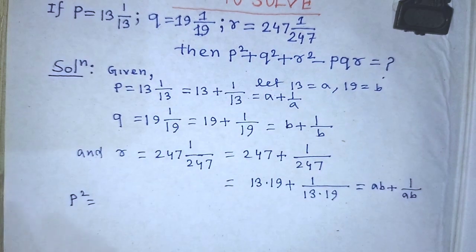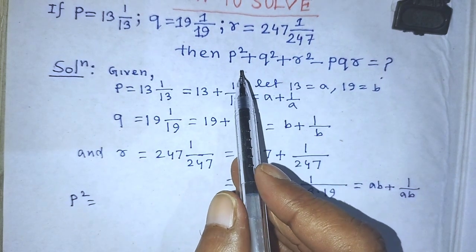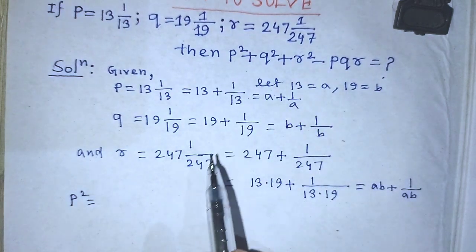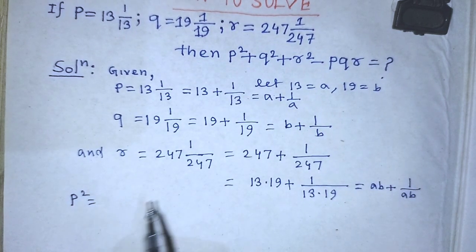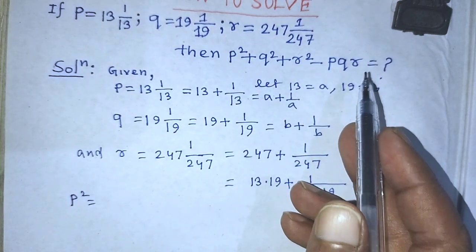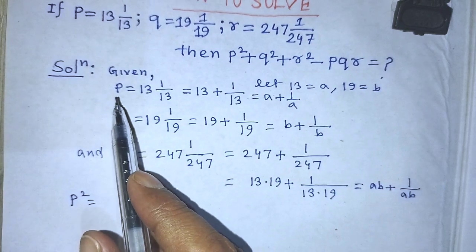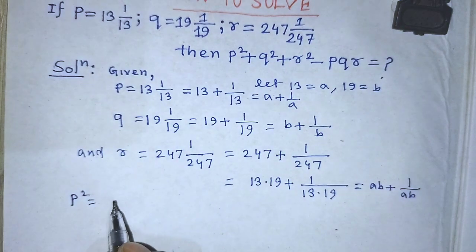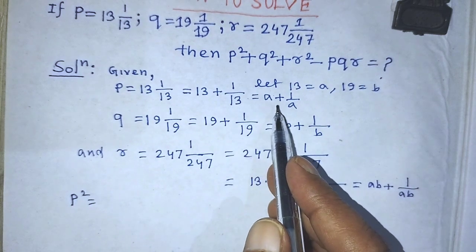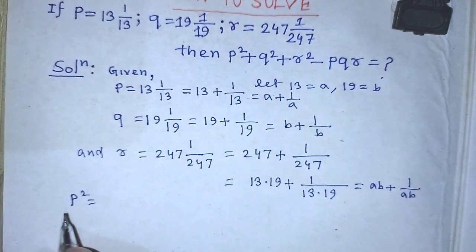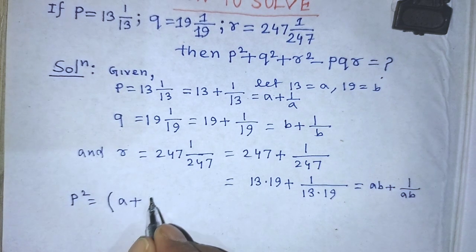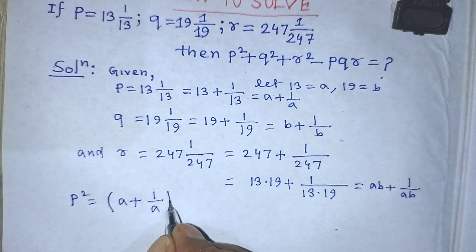Okay student. So student, to find the value of this algebraic expression, we have to find the value of P square, Q square, R square and PQR from the value of P, Q and R. So student, the value of P is equal to A plus 1 over A. Then the P square will be A plus 1 over A whole to the power 2.